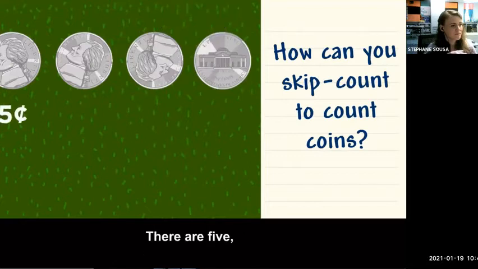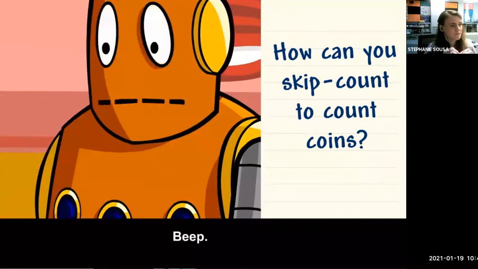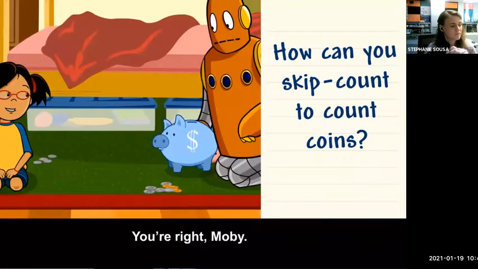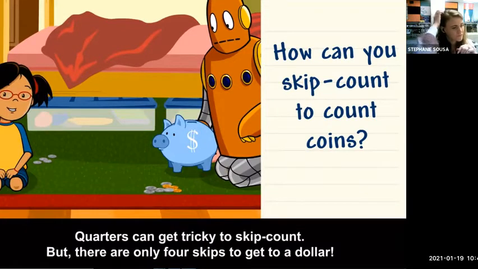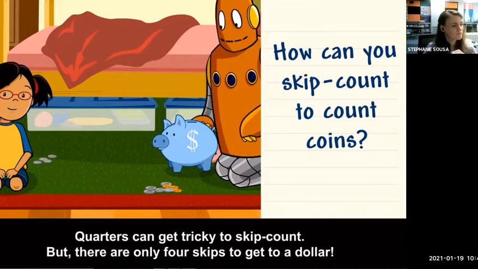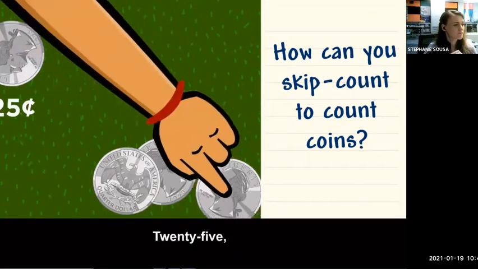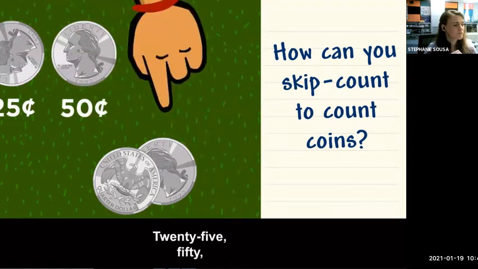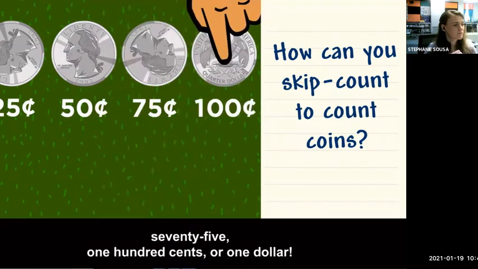There are 5, 10, 15, 20 cents. You're right, Moby. Quarters can get tricky to skip count, but there are only 4 skips to get to $1. 25, 50, 75, 100 cents, or $1.